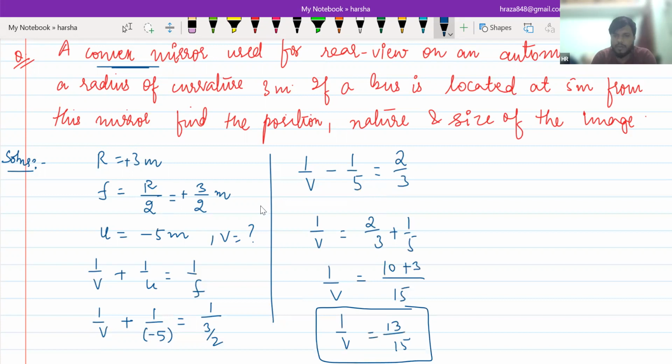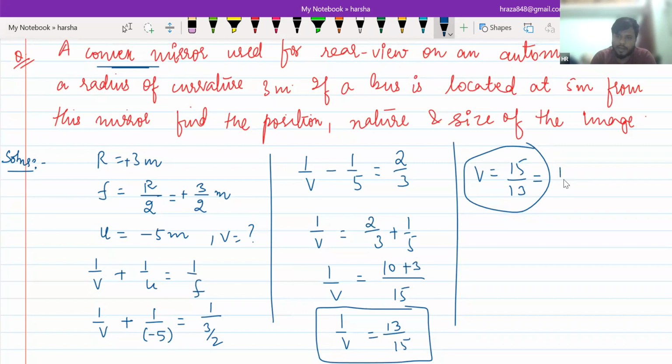This is the value of 1 by v. So image distance v will be 15 by 13, and since it is positive, that means image formed is behind the mirror. You can solve it and it will be 1.15 meter. This is the position of the image.